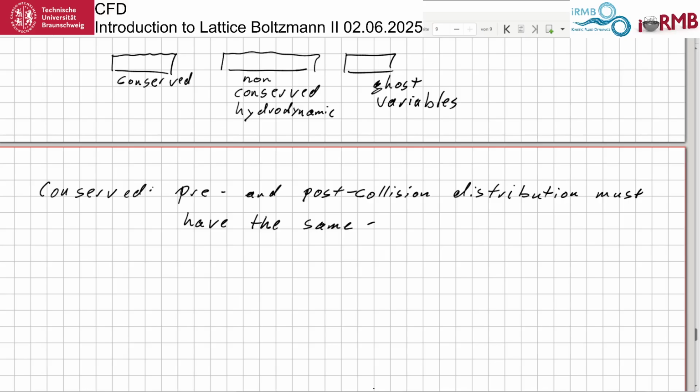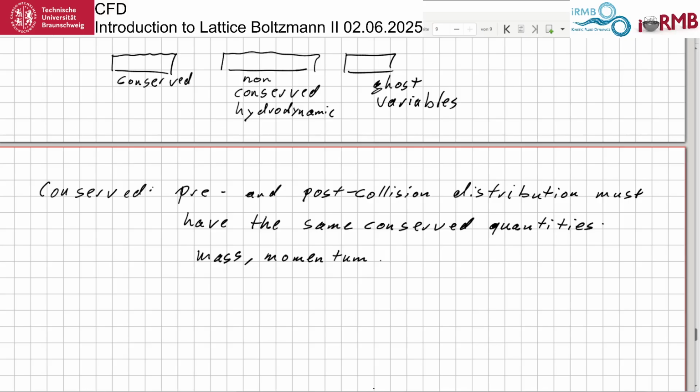The same conserved quantities. So then this would usually be our mass, and it would be our momentum.